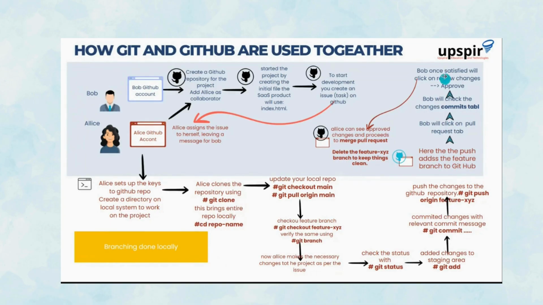Again, those things will happen. Now you will have one new feature branch on GitHub, and again we will do all that stuff, and your branches will be merged.